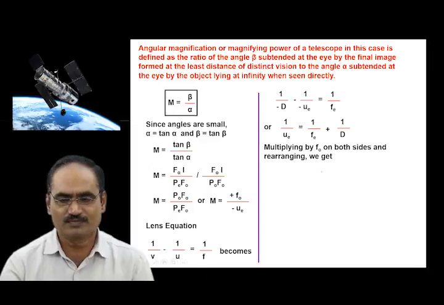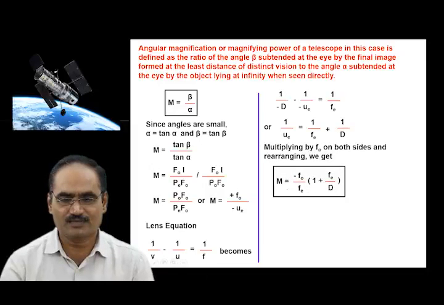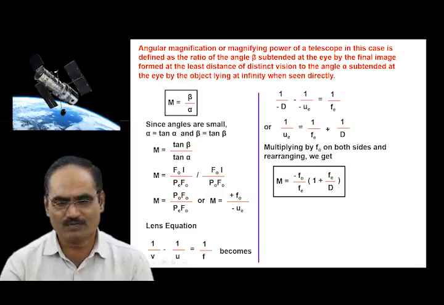So we can write m is equal to, substituting this, f naught as it is, then minus f naught, and 1 by ue is 1 by fe plus 1 by d.